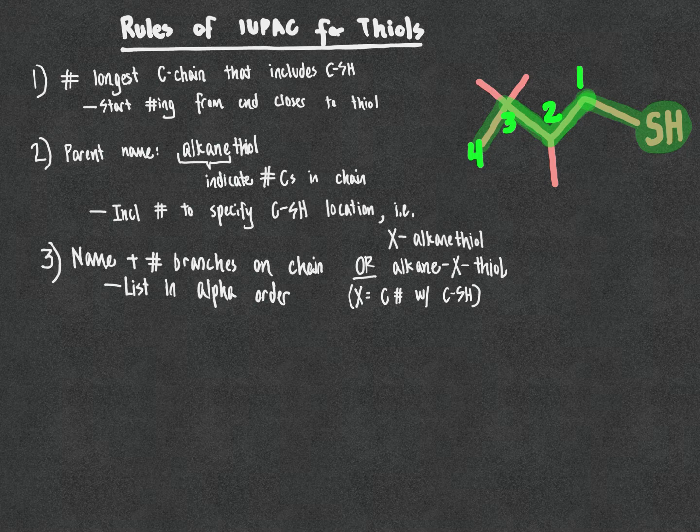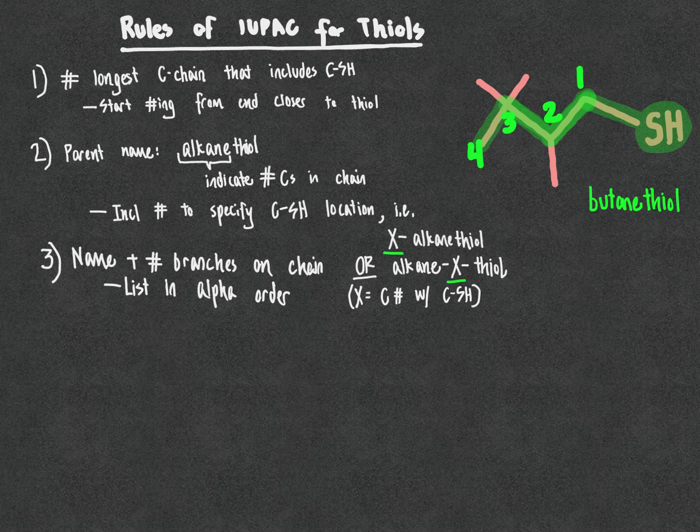Parent name, there in step 2, takes the template alkane thiol, and we have to specify X marks the spot of the thiol group. So in this case, we have 4 carbons in our chain. 4 carbons makes this referred to as butane. And then the term thiol, because there is a thiol group there, so butane thiol.